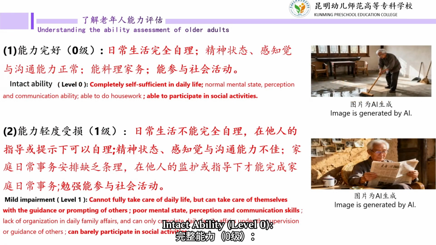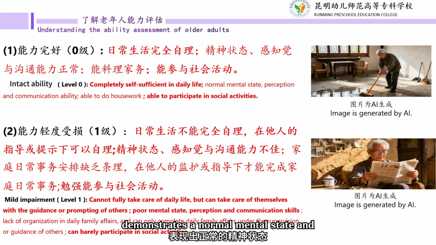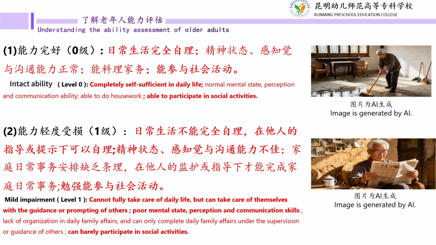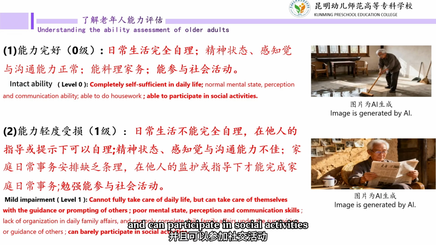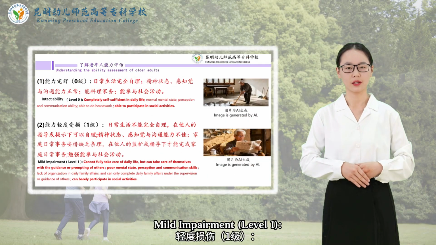Intact ability, level 0. The individual is fully independent in activities of daily living, demonstrates a normal mental state and intact sensory perception and communication capacity, is capable of managing household chores, and can participate in social activities. Mild impairment, level 1.